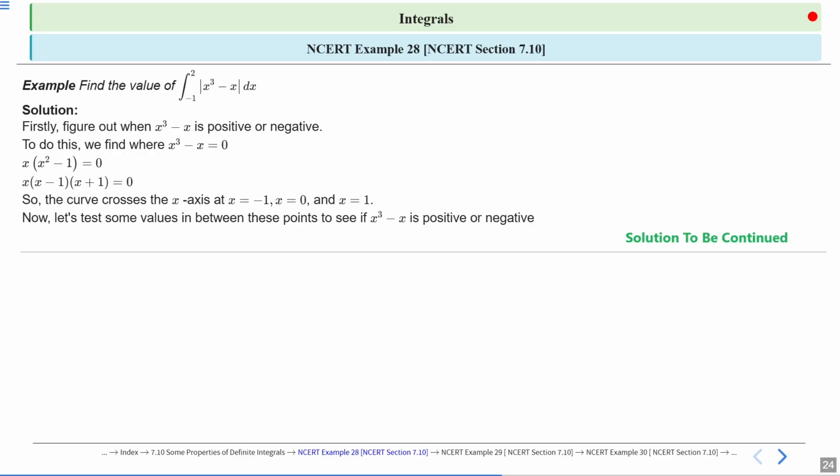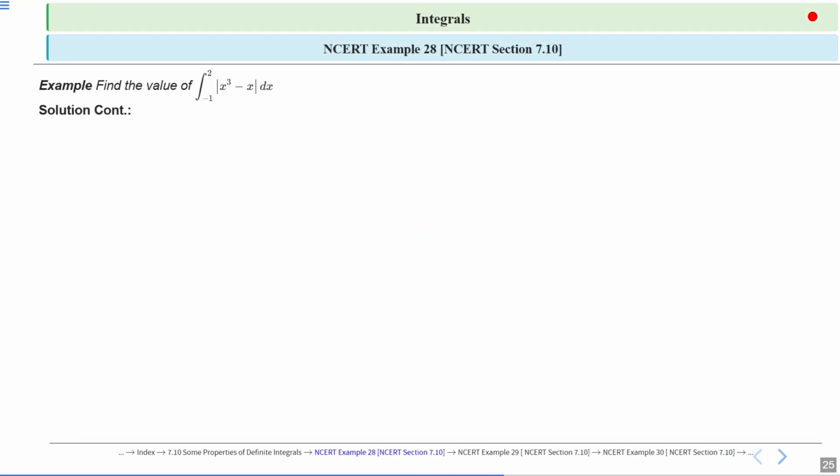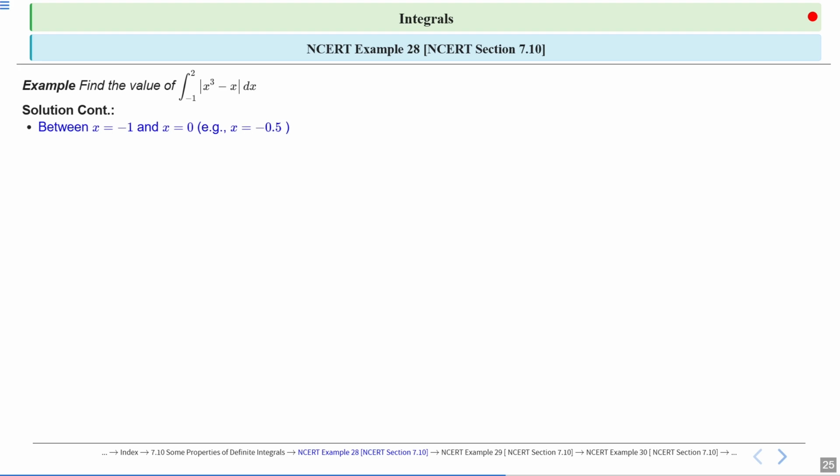So according to these roots, now my interval is broken into three parts. First, -1 to 0, then 0 to 1, and 1 to 2, as the function crosses at -1, 0, and 1.